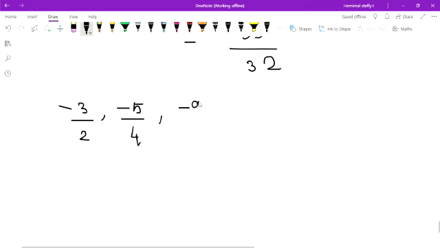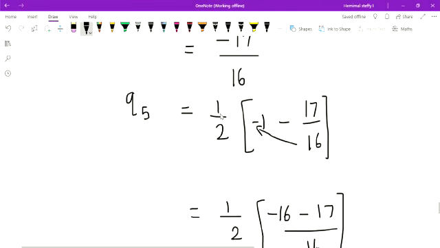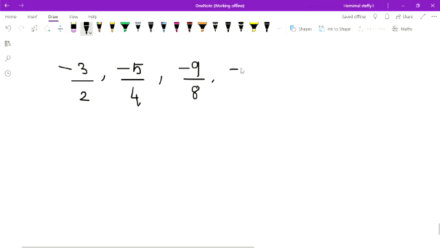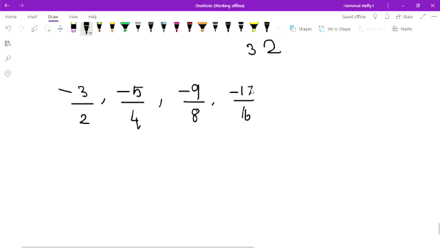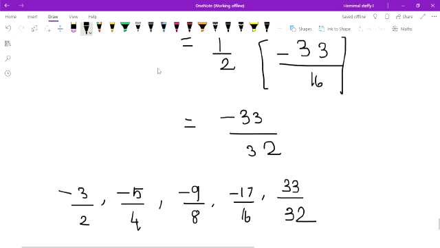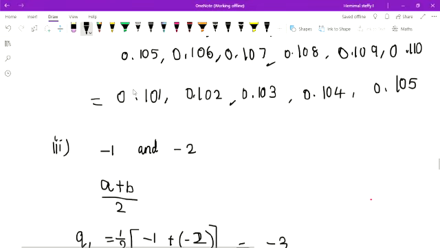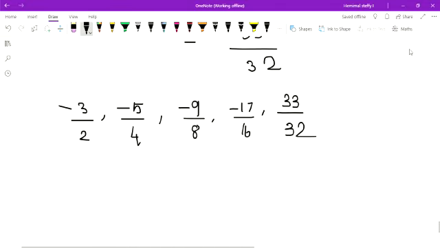Fourth one is -17 by 16. And fifth one is -33 by 32. Is it clear? These are the rational numbers in between -1 and -2. Is it okay? Thank you.